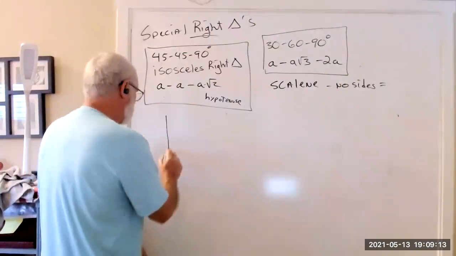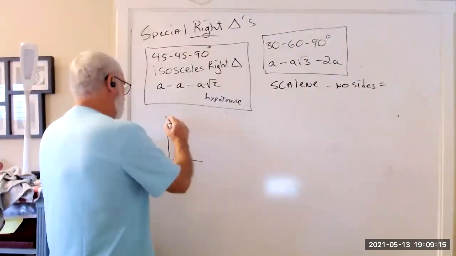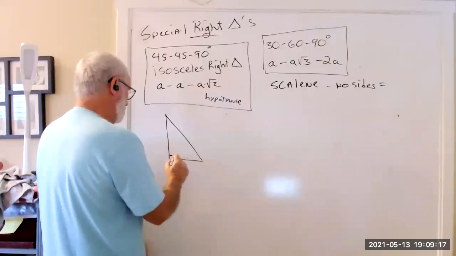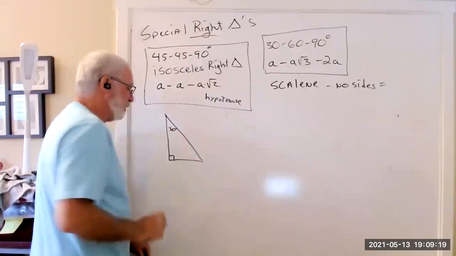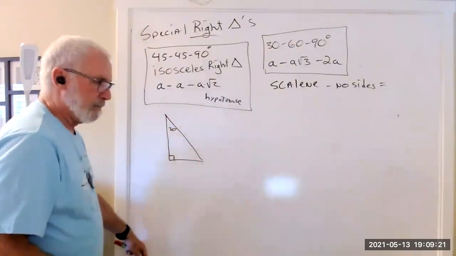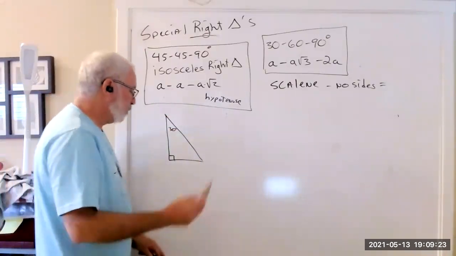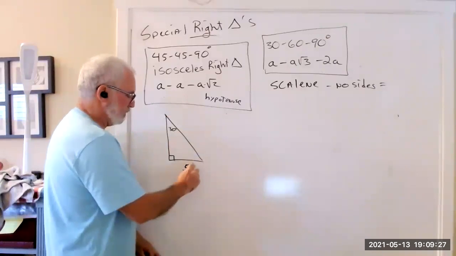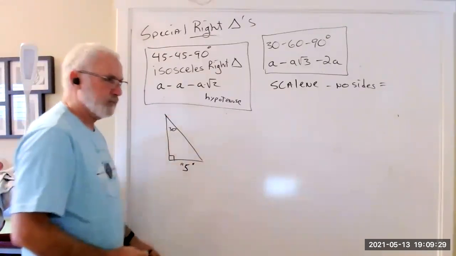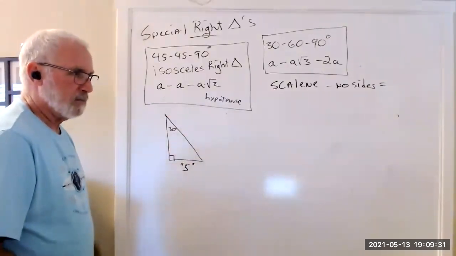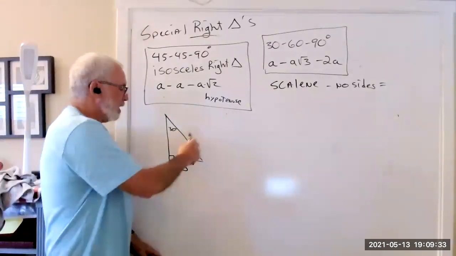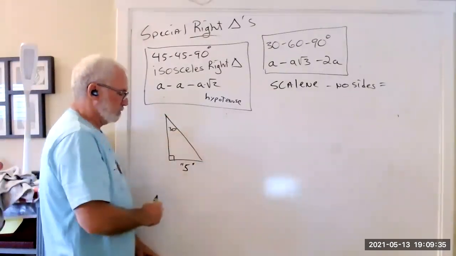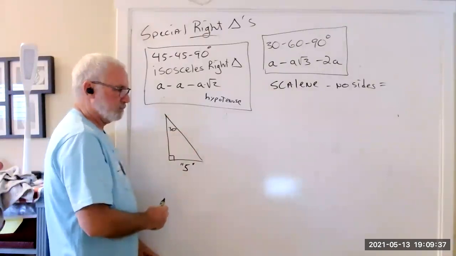Suppose we'll start easy. Suppose I said that was my 30-degree angle, and this side was 5. How big is the hypotenuse? 10.